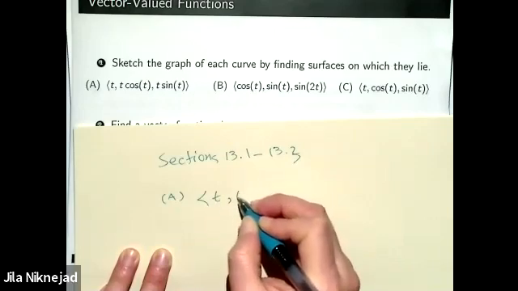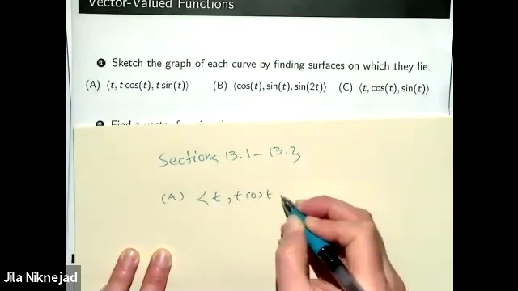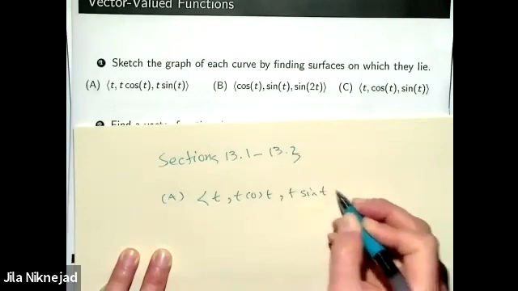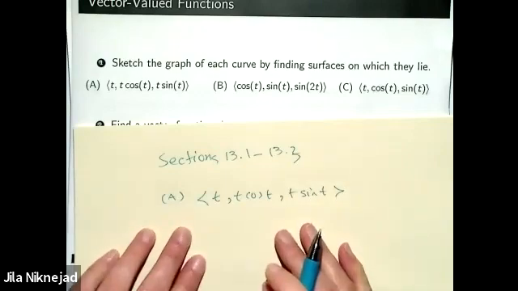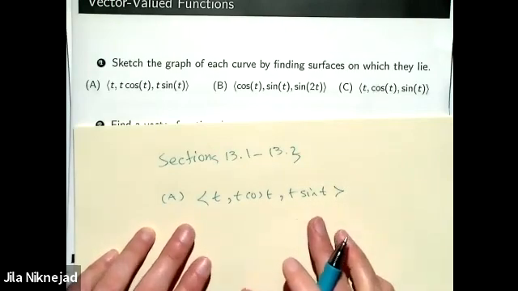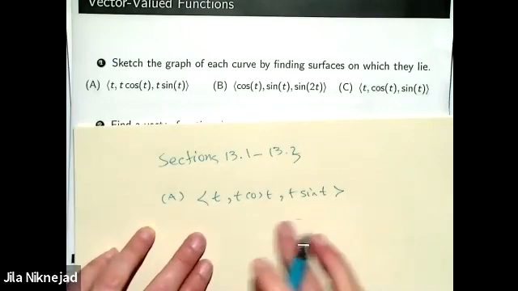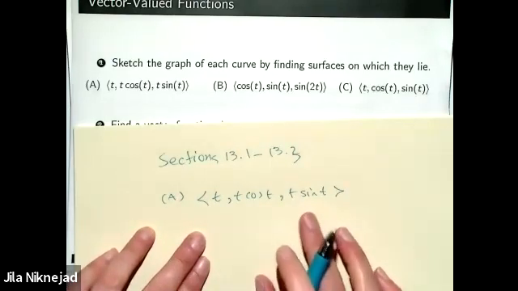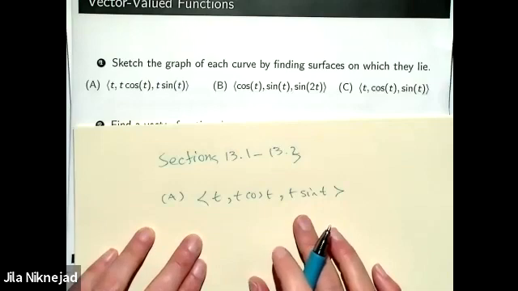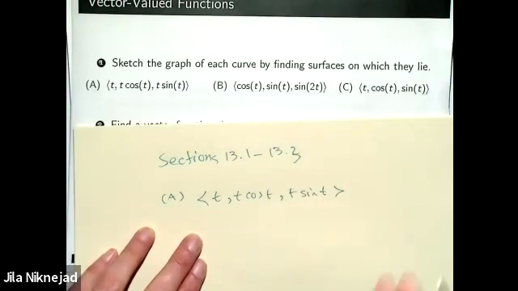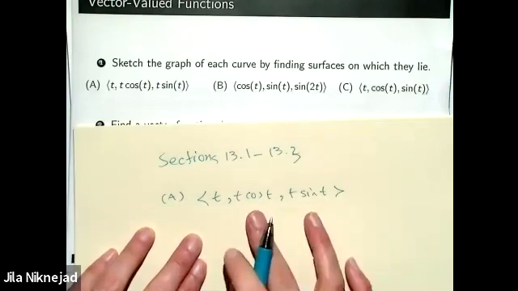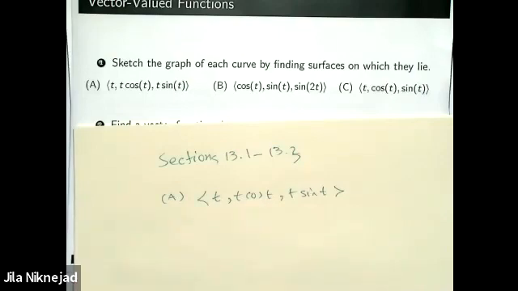The first one is t cosine of t and t sine of t. So the trick sometimes, the best trick, is to figure out what your projection is on the xy plane, on the xz plane, on the yz plane. In here, I see these two, that's the y and z.